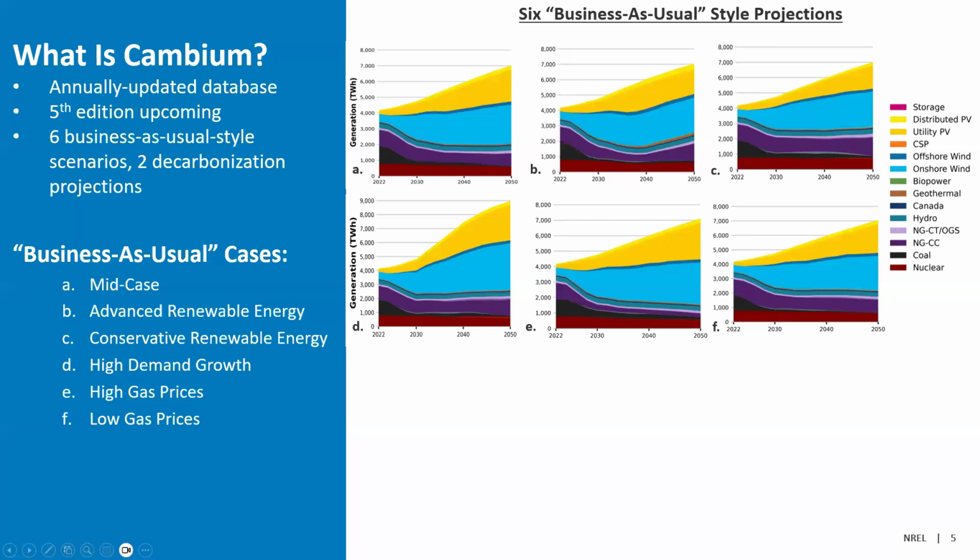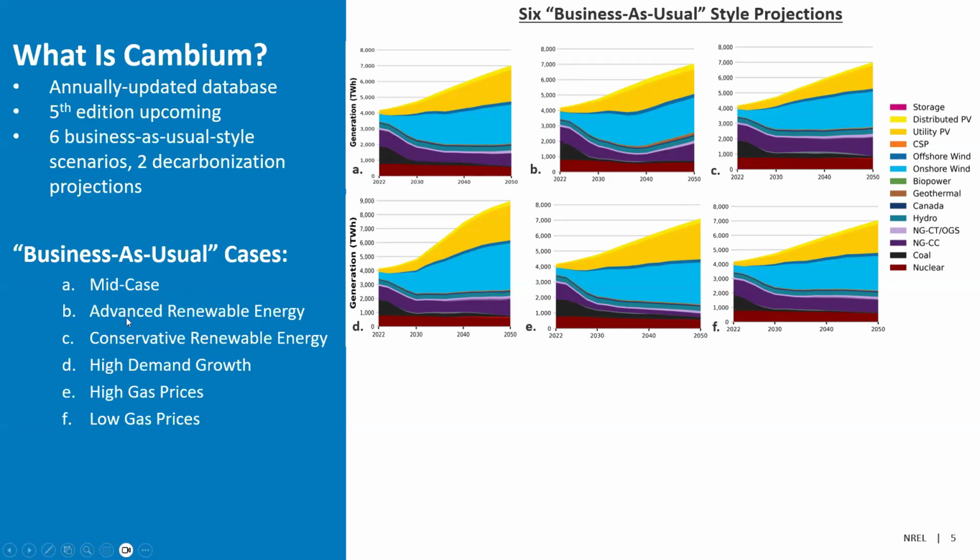What we mean by that is we're drawing from central projections for things like future fuel costs, technology costs and performance, legislation as it's currently enacted at both the state and federal level, all that kind of stuff. So that's really our most classic business as usual style central case.